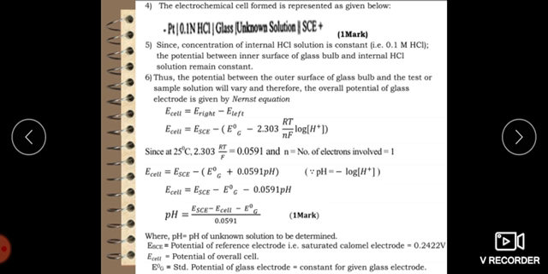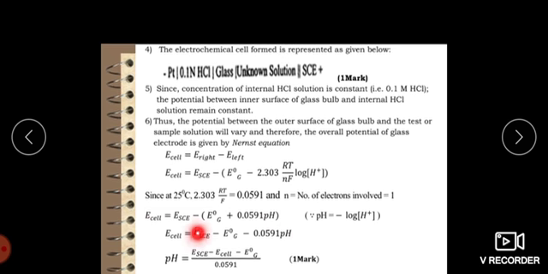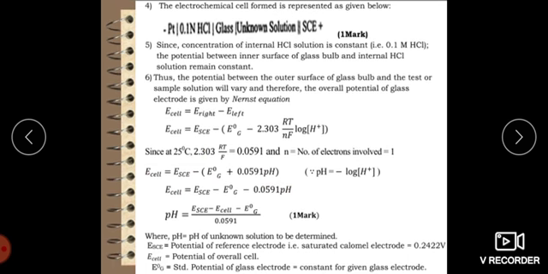N is the number of electrons involved, which is 1. Since pH is equal to minus log of H plus ion concentration, we can get the pH value from the equation like this.